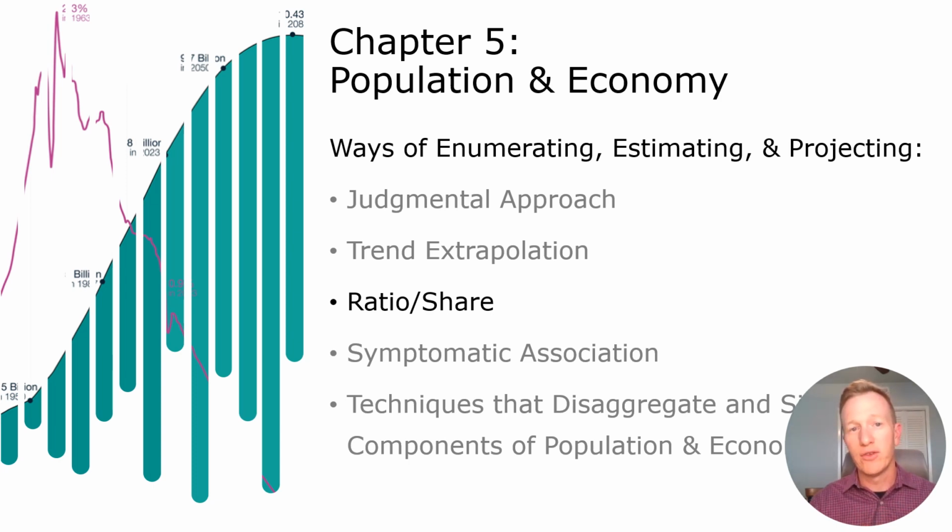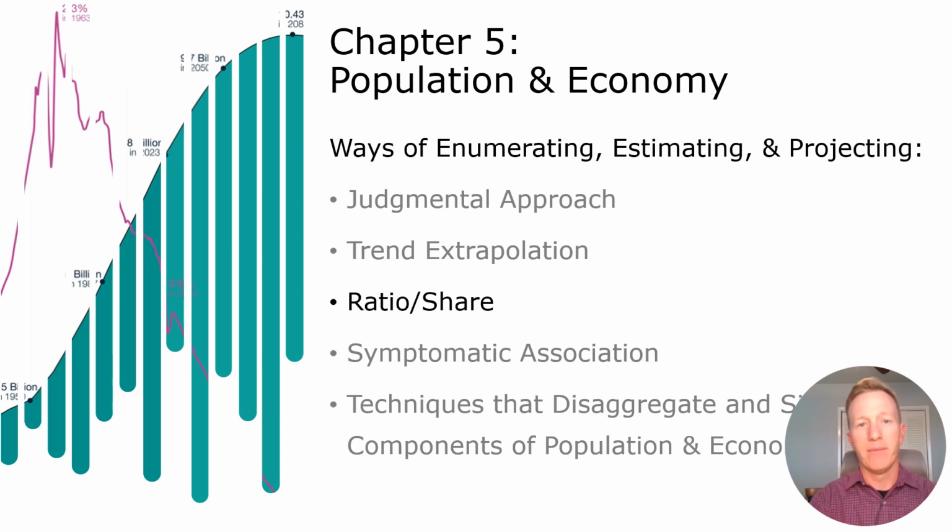So for instance, if you wanted to estimate or project the number of people who are foreign born in a population, you could look at the percentage of people who were foreign born in the past. And then if you have a projection of total population into the future, you could just continue that same ratio or proportion.